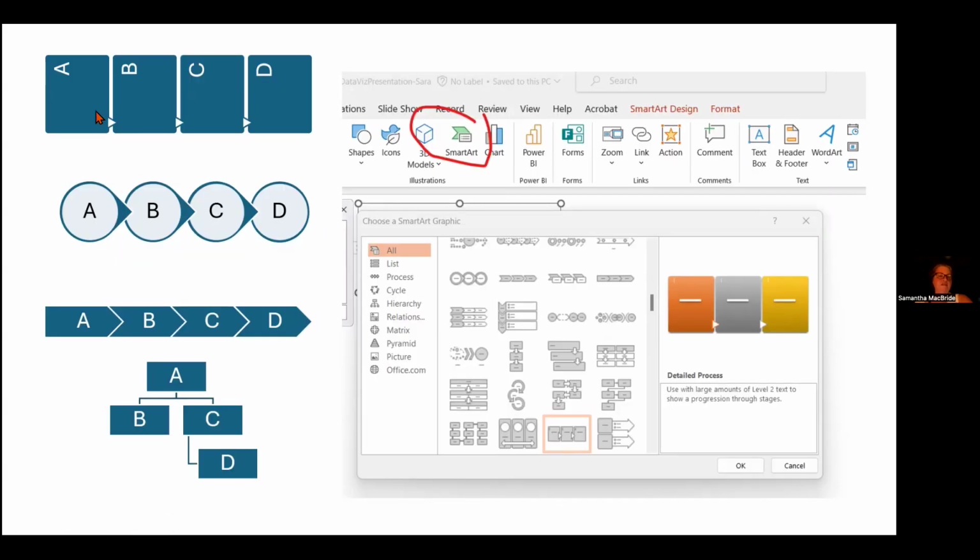And so I would say that this is another good friend here. SmartArt. My students, many of whom are young and very tech savvy, often do not know about this. And so I really want to recommend it.